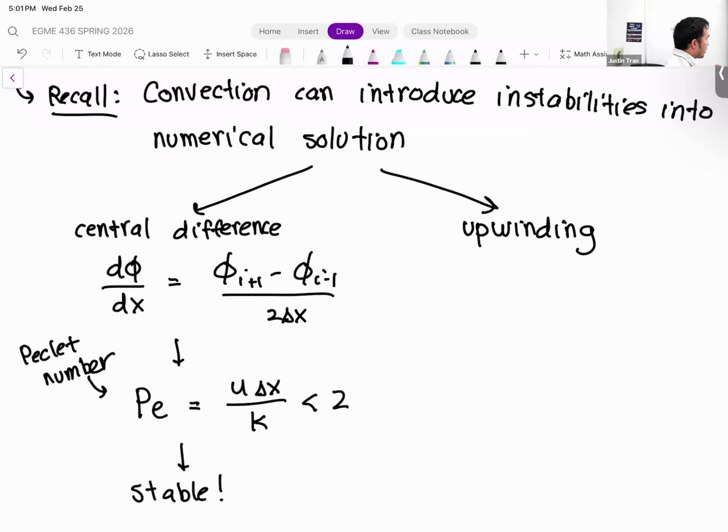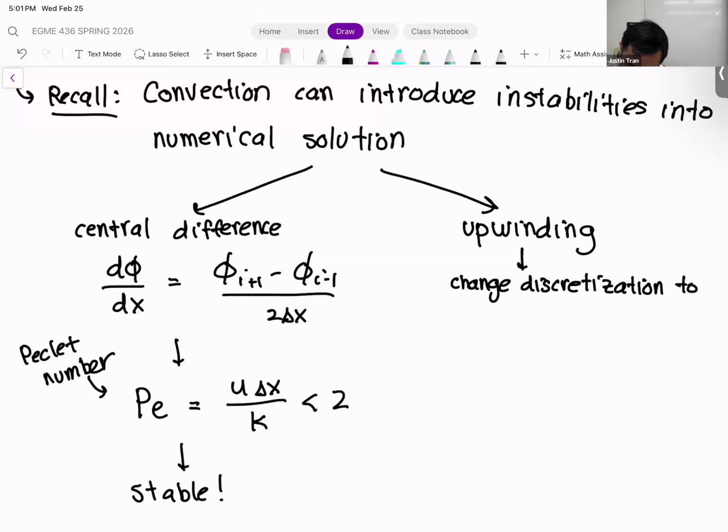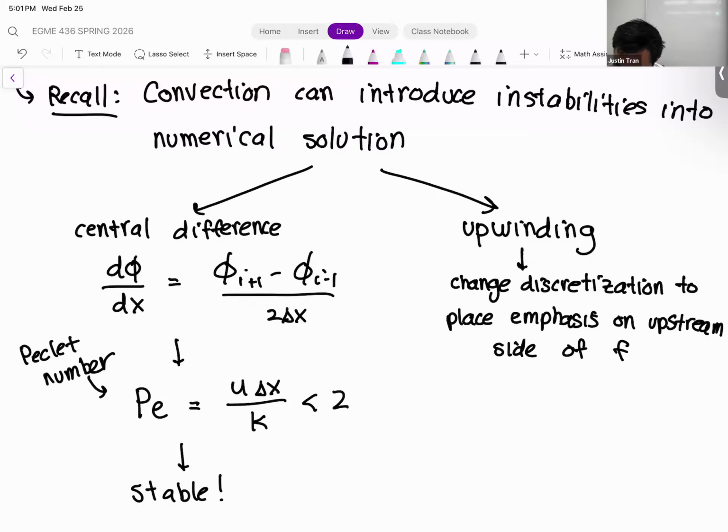Upwinding was a twist on how we applied our finite difference, where we changed the type of differencing scheme to place more weight, or more emphasis, on the upstream side of the flow.